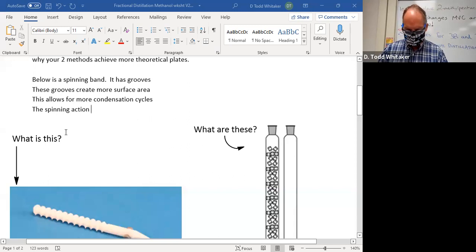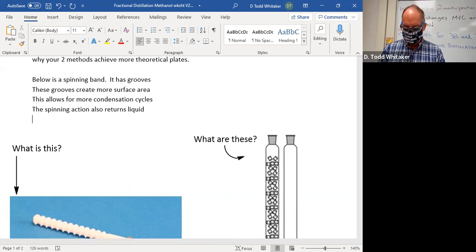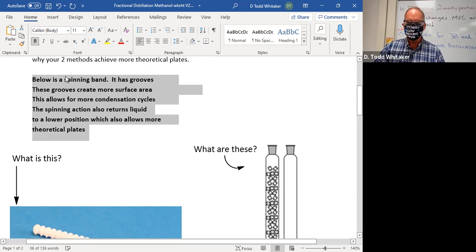The spinning action also returns liquid to a lower position, which also allows more theoretical plates. Okay. Nice.